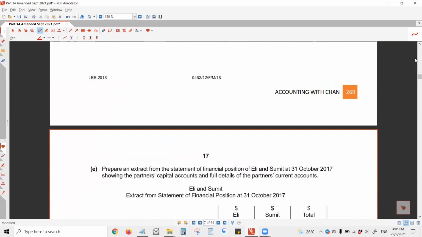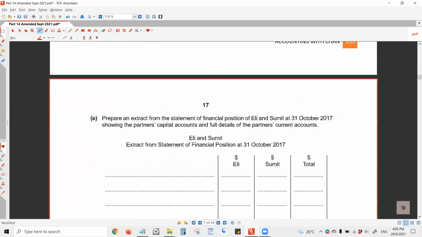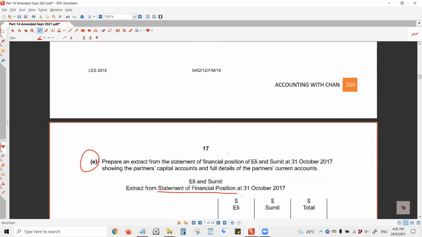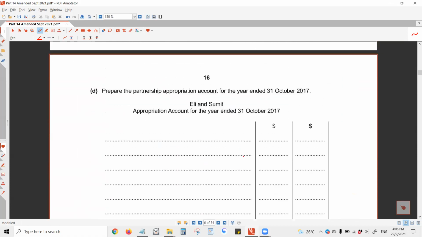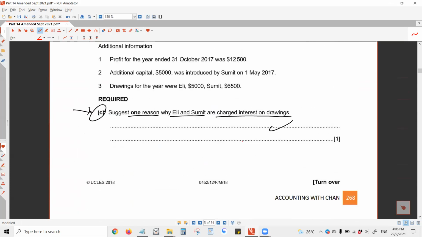Look at page 270. On page 270, do you see this? SOFP? Look at the earlier questions before question E. Are you asked to prepare the T-shaped current account? I saw an appropriation account here, but it appears that they don't ask us to prepare the T-shaped current account.